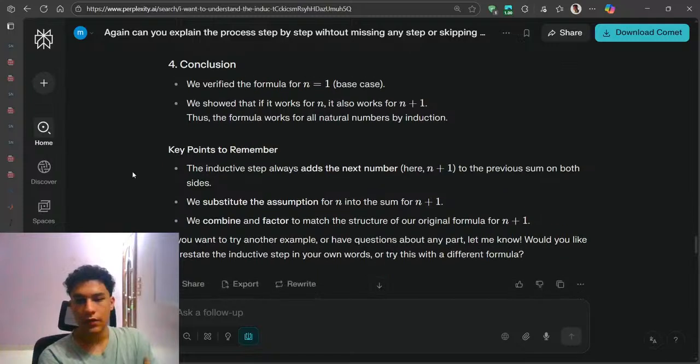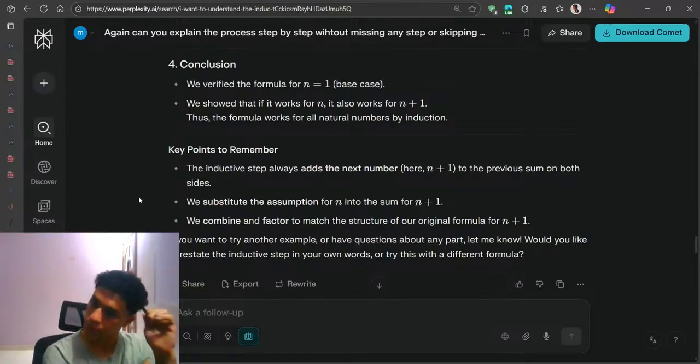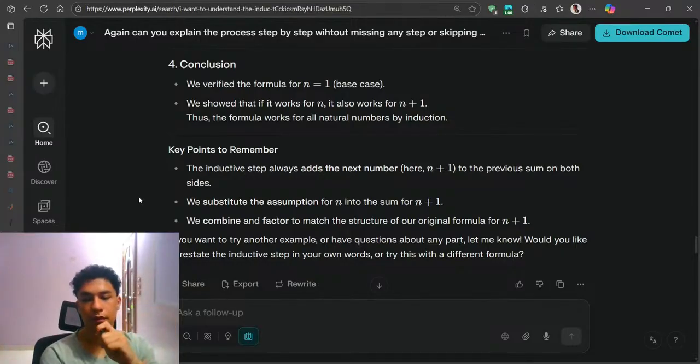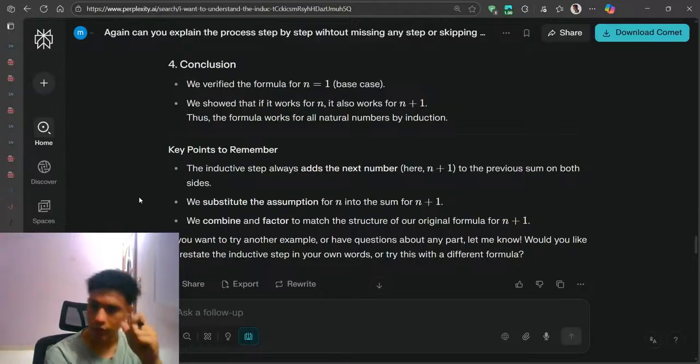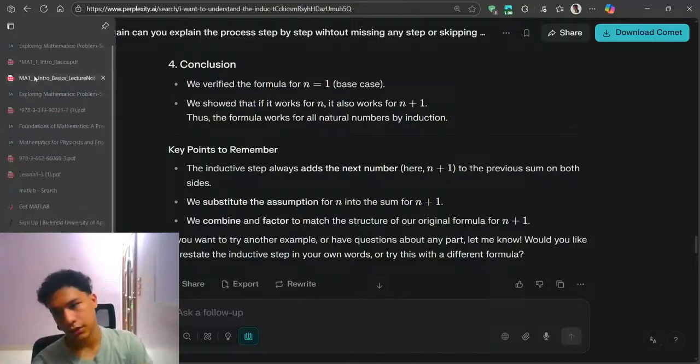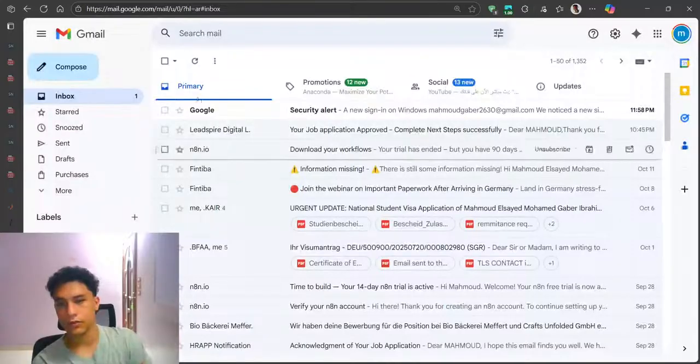The inductive step always adds a number, here n plus 1, to both sides of the sum. We substitute the assumption for n into the sum for n plus 1. We combine a factor to match the structure of our original. Okay, I think I get it now, guys.